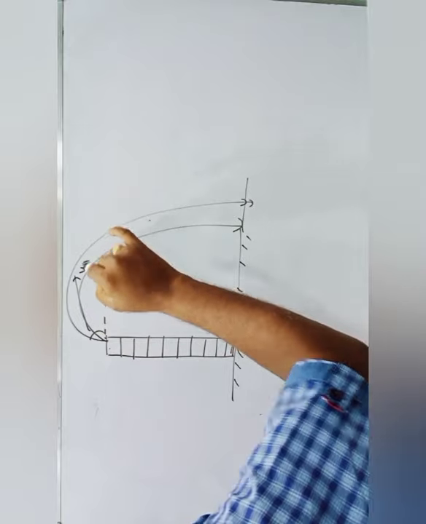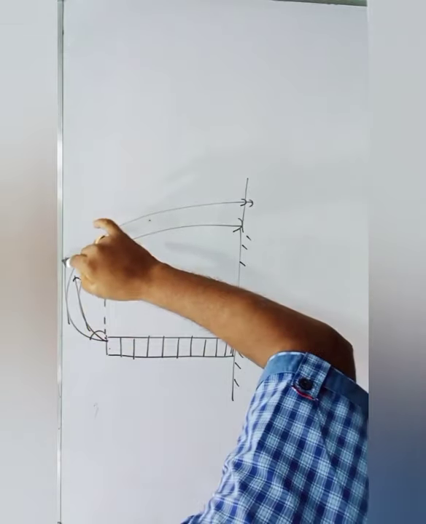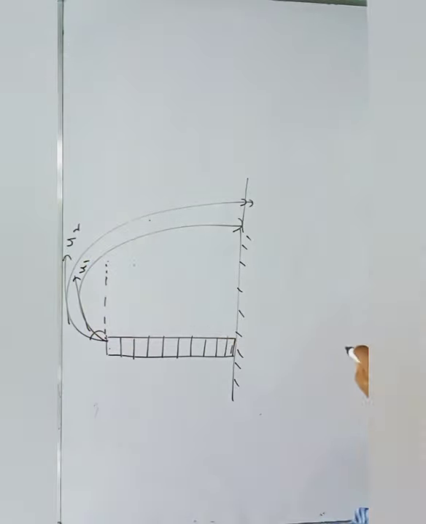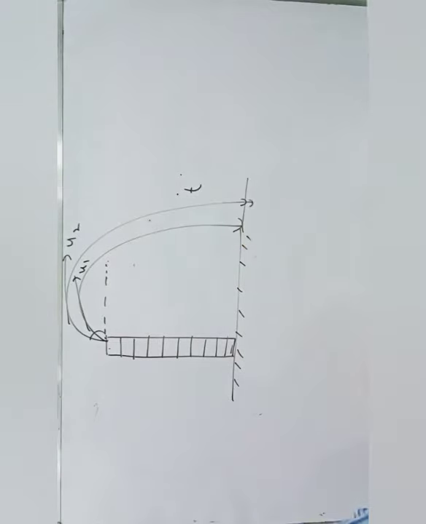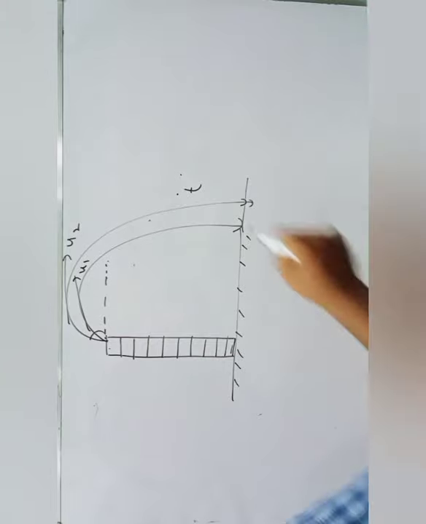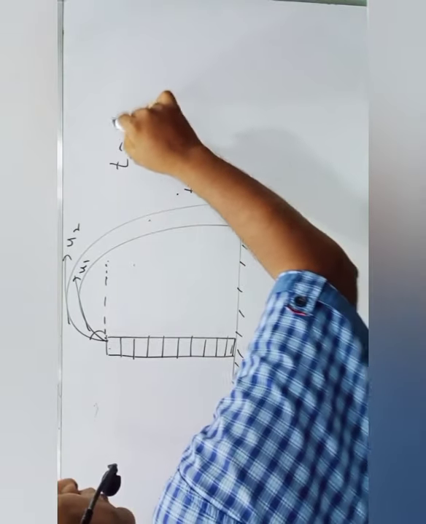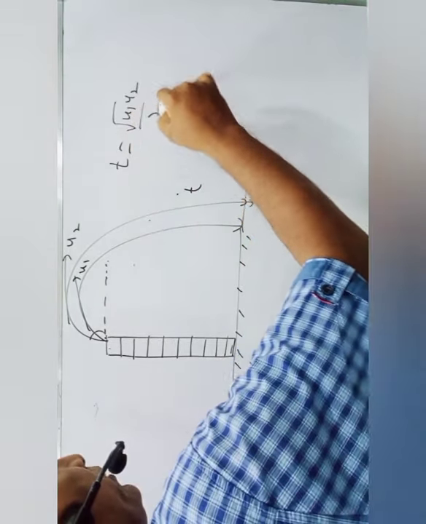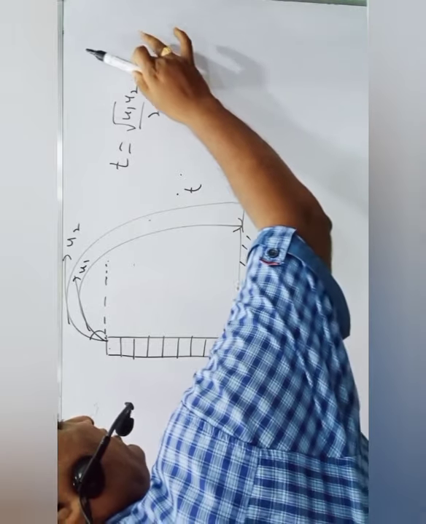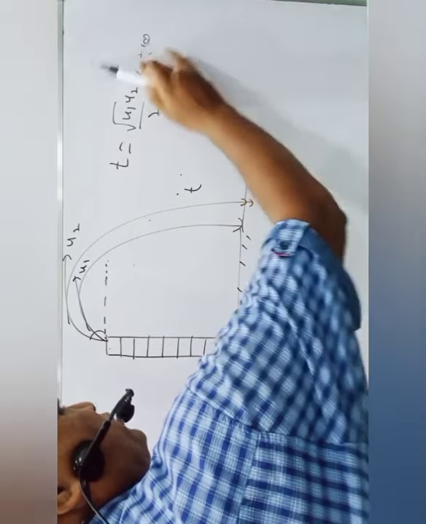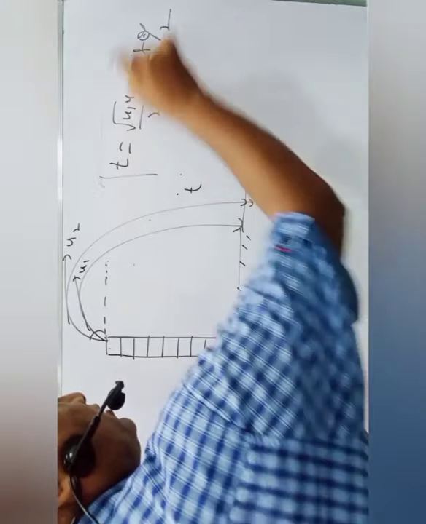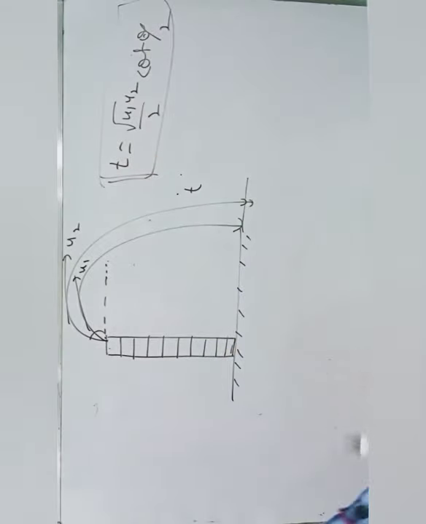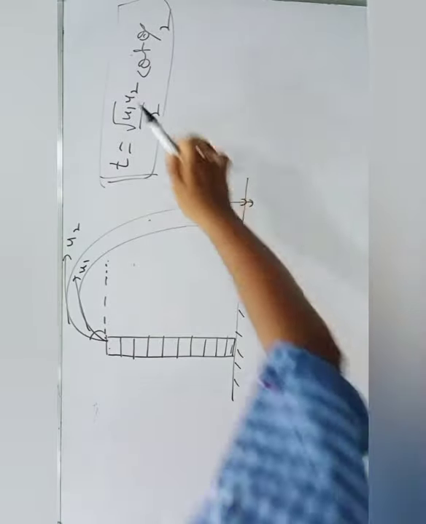One projectile has velocity u1, another has u2. Then they reach the ground at the same time, therefore t is equal to root over u1 u2 by 2 into cot theta by 2. So this is one of the shortcuts for the entrance exams.